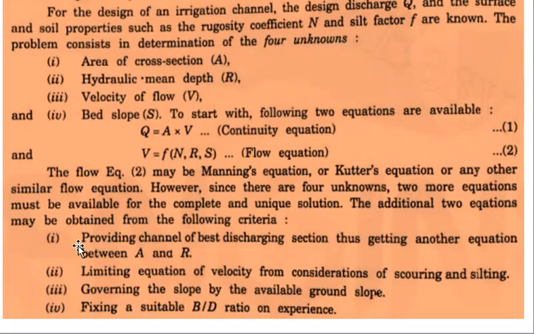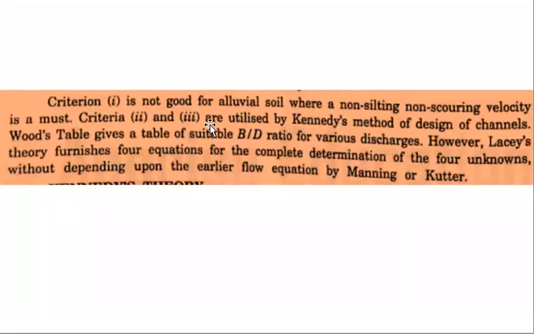Criterion one is providing a channel of best discharging section, thus getting another equation between A and R. Right, so A is the area of cross section and R is the hydraulic mean depth. The second and third are the limiting equation of velocity from the considerations of scouring and silting, and the governing of the slope by the available ground slope. So these two are utilized by Kennedy's method of design of channels.